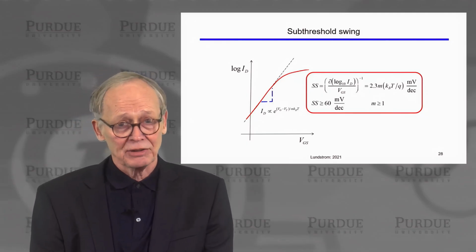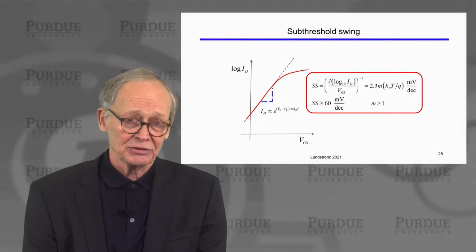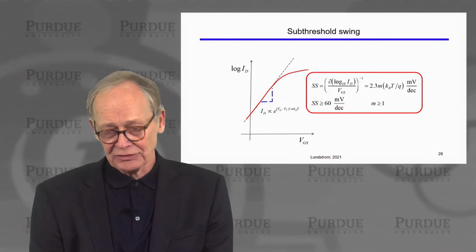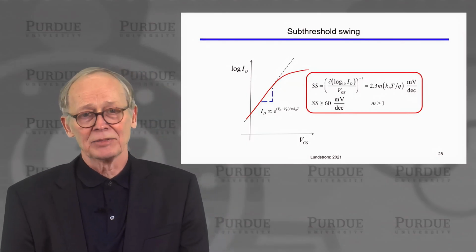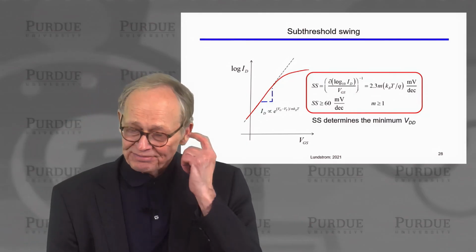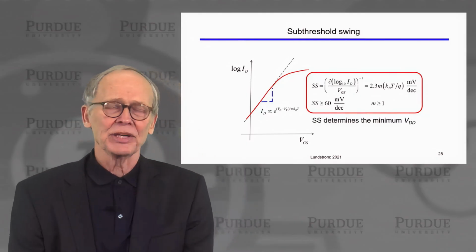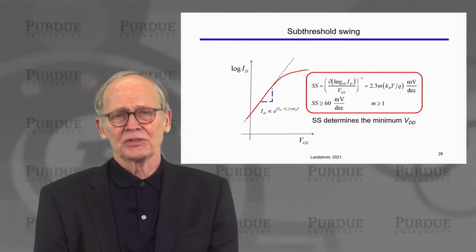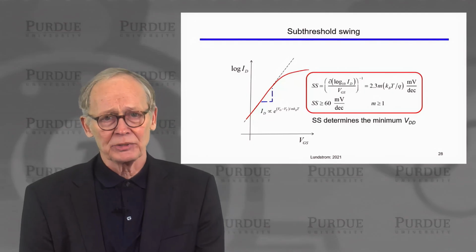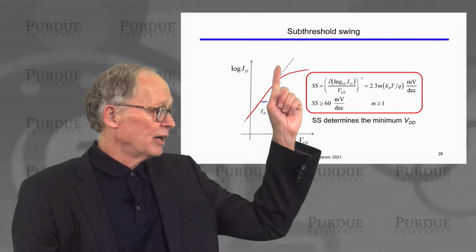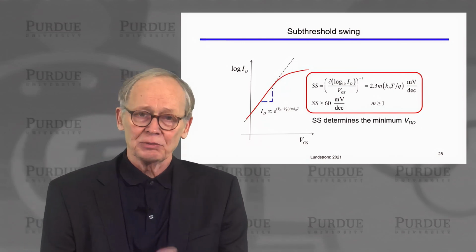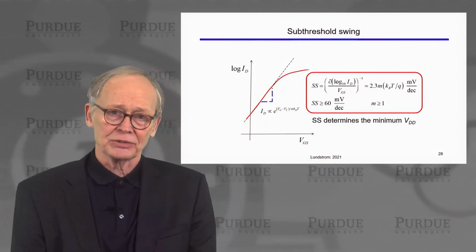Two-dimensional electrostatics degrade m. Fully depleted structures help m. The transistor designer does the best job that she or he can do to make m as close to 1 as possible. Now, subthreshold swing is important because it determines the lowest power supply voltage that we can use. We would like to go from off to on conditions with the smallest possible power supply voltage.